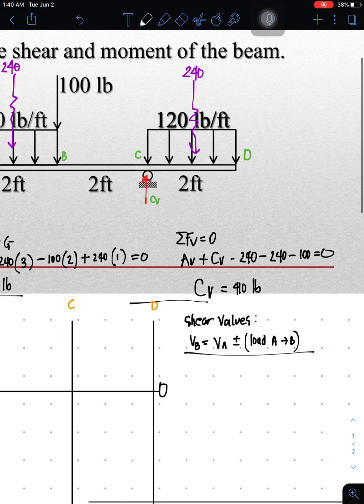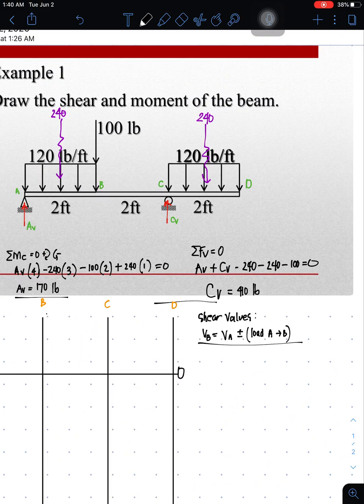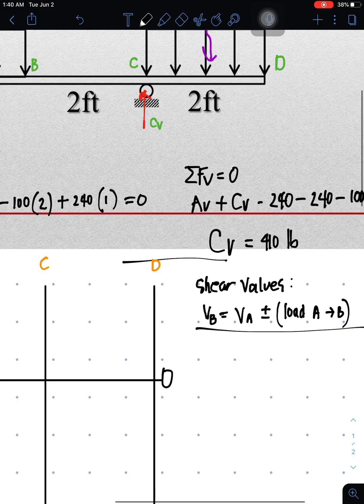But first, let us evaluate if there are concentrated forces. Remember, if there is a concentrated force, then there would be two values of shear. So we are going to proceed with segment AB.